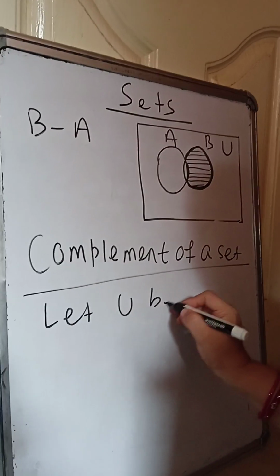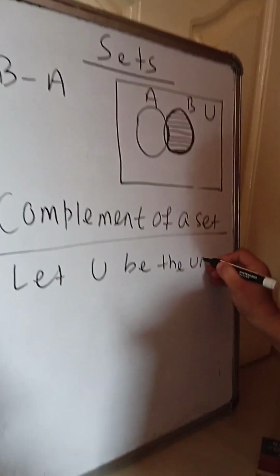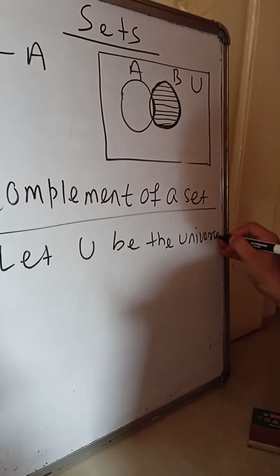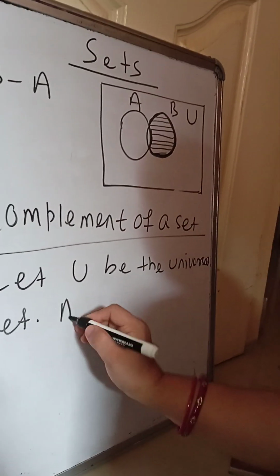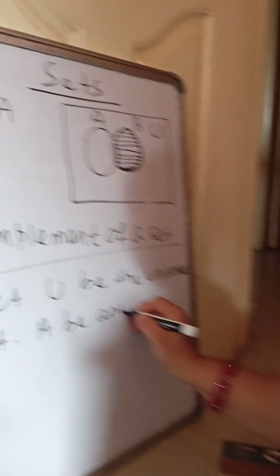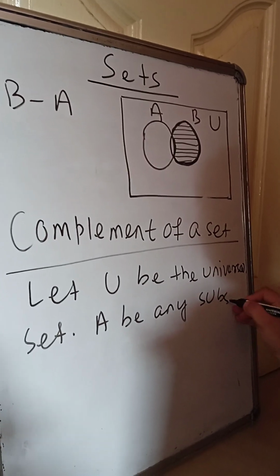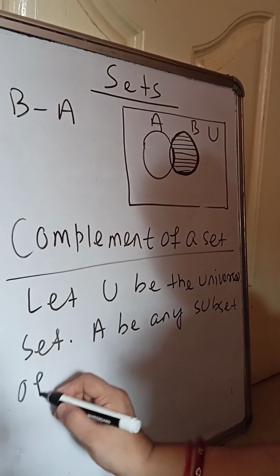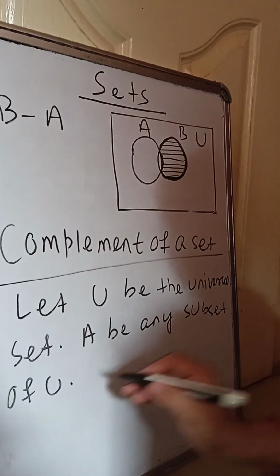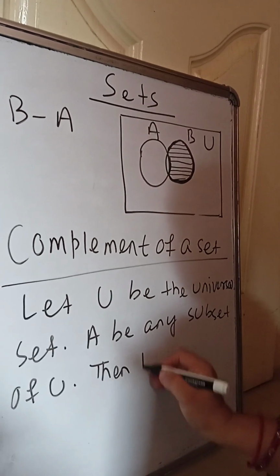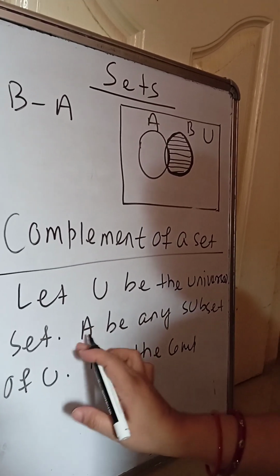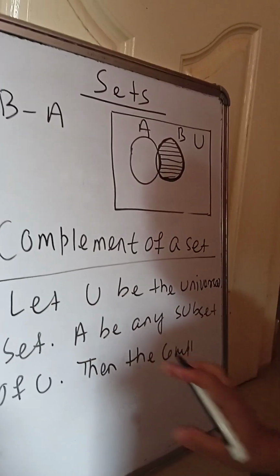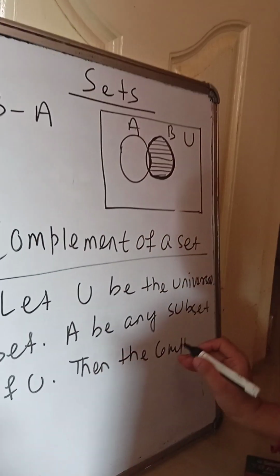Let U be the universal set, and A be any subset of U. Then we will find the complement of set A, not of the universal set.